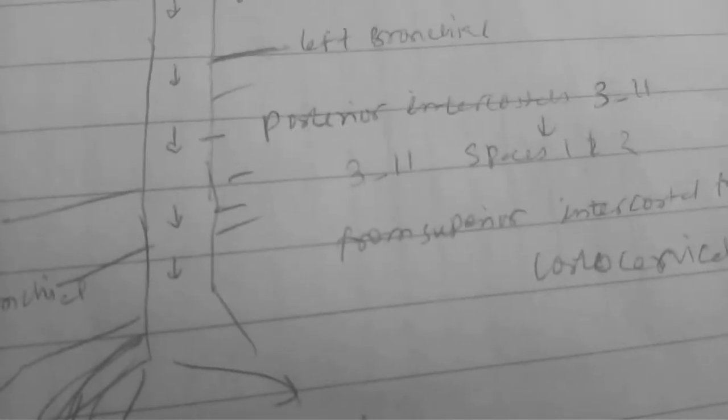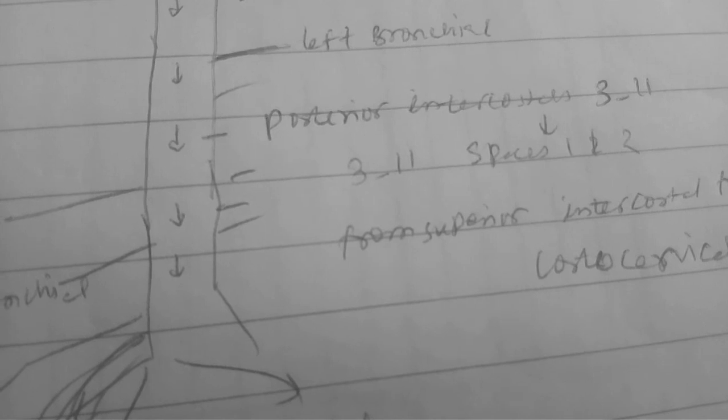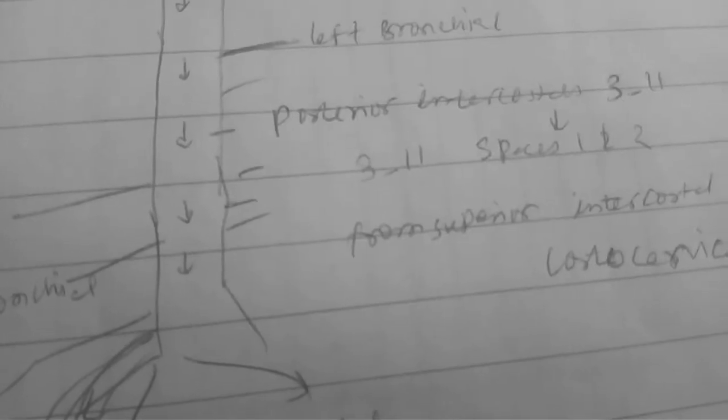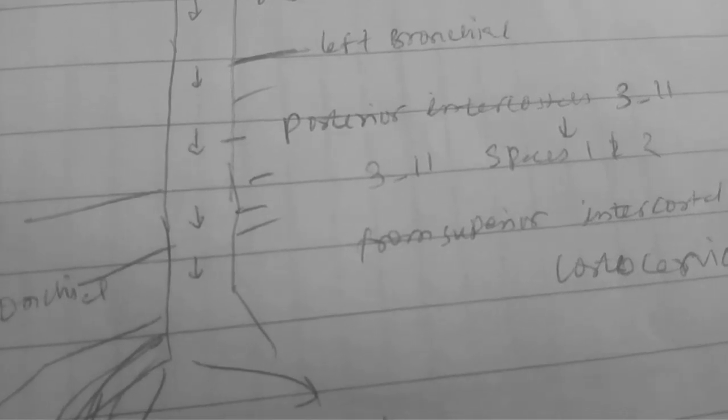The posterior intercostal branches are direct branches of the descending thoracic aorta. But the anterior intercostal arteries are not direct branches of the descending thoracic aorta. Instead, they are parts of the internal thoracic artery coming off the subclavian artery.